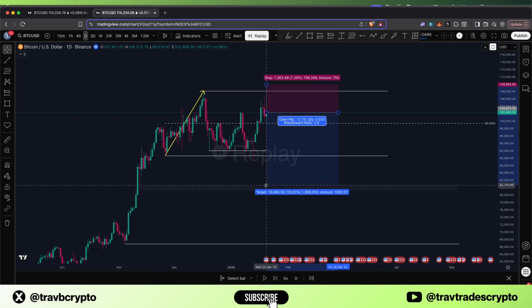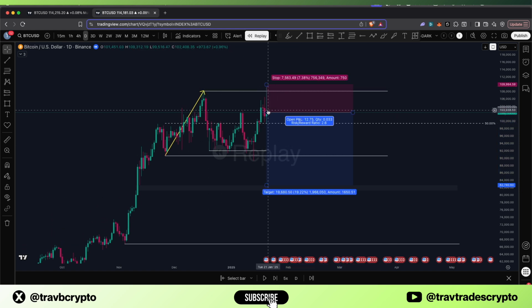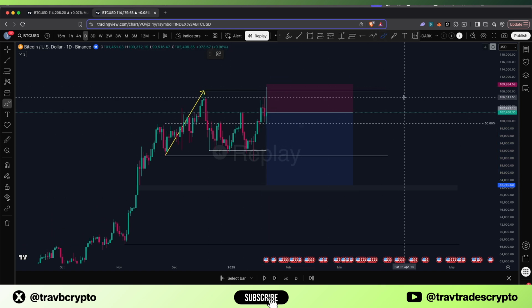Now, in a trade where I'm looking to position for an expansion to the downside, this is where I may start positioning, because I'm in premium. So I'm getting the best price for me to be short on a range breakdown on an expansion to the downside. And I've just got my first trigger to start positioning into this by way of this SFP. So we'll just play it along.